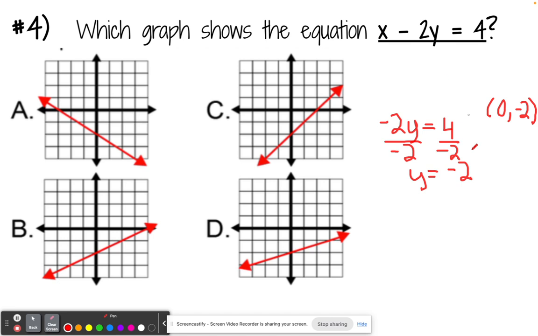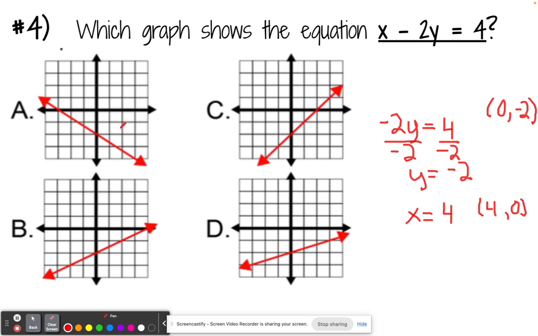I can find my x-intercept. For my x-intercept, my y is 0. If I make my y 0, I have x equals 4. I didn't even have to do any math. My x-intercept is positive 4.